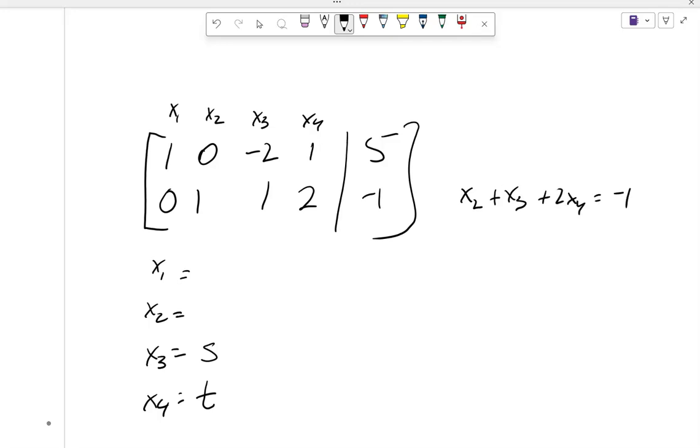If I put in s for the x3, representing that I can put in whatever I want for x3, and t for the x4, we can now solve for the x2. We just subtract over, so I'll write it as -1 minus s minus 2t.